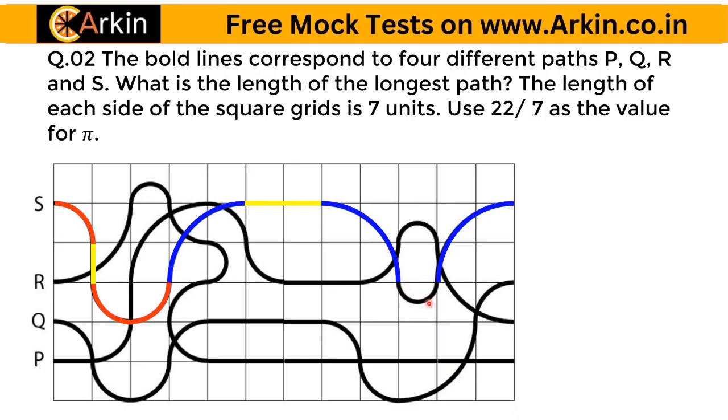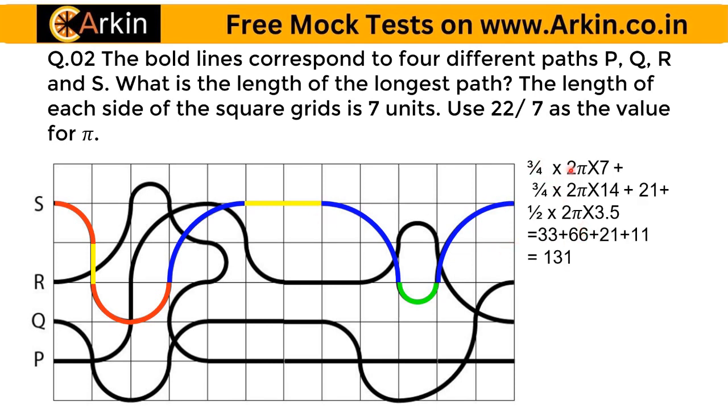And this is a semicircle with radius half of 7, that is 3.5 unit. So if I calculate the length of this path, it will be 3/4 of 2 pi into 7, this 3/4 circle. Then this is another 3/4 circle with radius 14 units, and this is 21, 7, 7, 7, and this semicircle. And if we calculate, we get the value as 131.